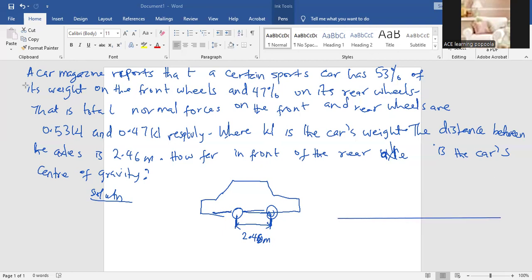So representing that with a straight line, these 2 points represent these two wheels. So the front wheel, rear wheel. And we know that the distance between both is 2.46.